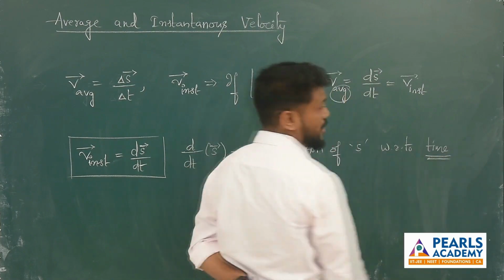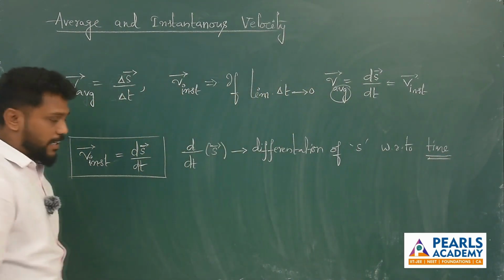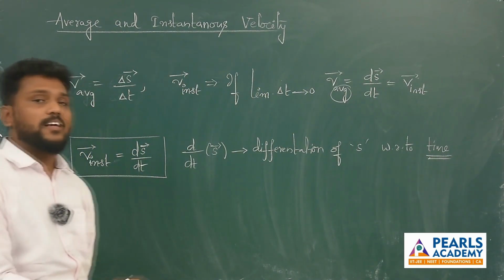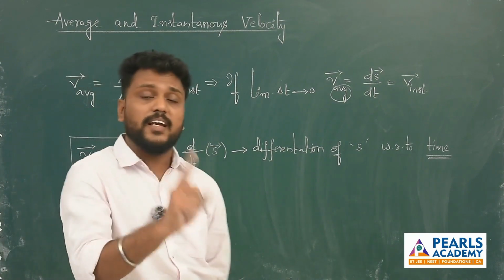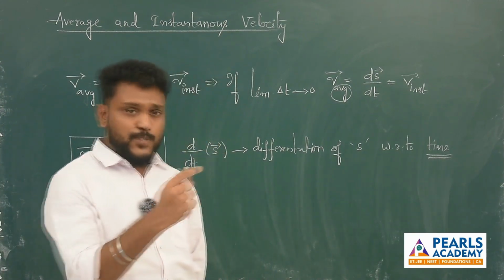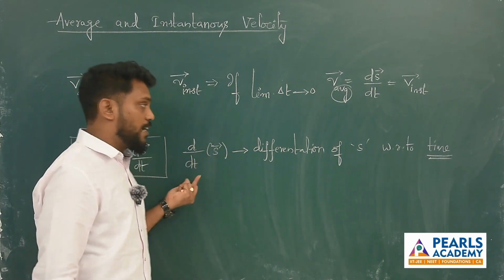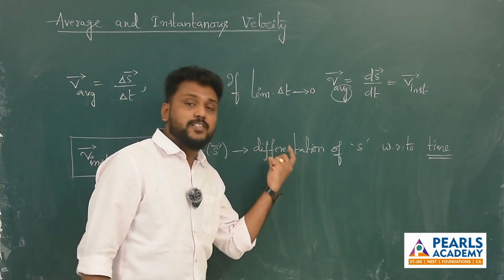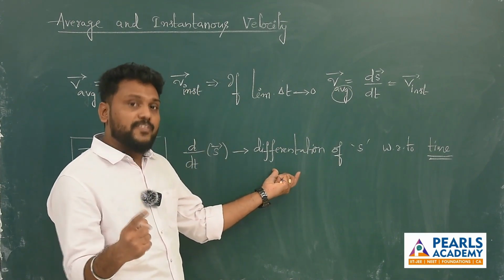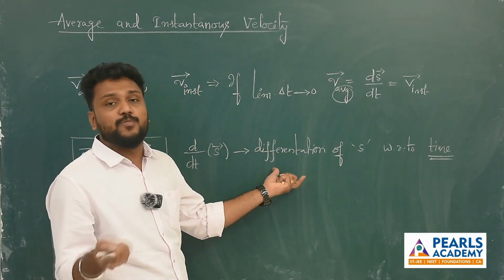So it is related to the concept of slope. If I want to calculate instantaneous velocity from a displacement-time graph, I should always go with the differentiation of s with respect to time, which is nothing but the slope of the graph of s versus t.